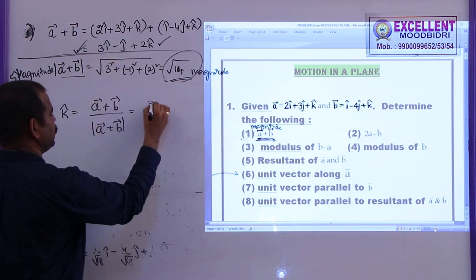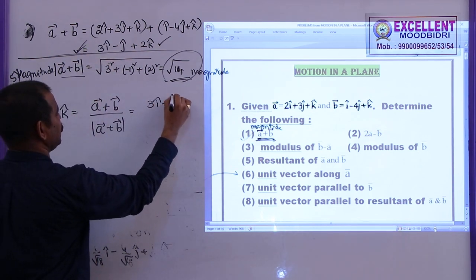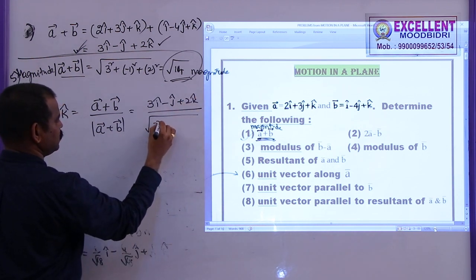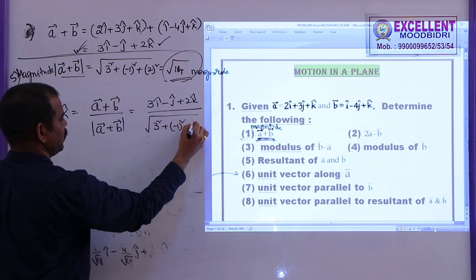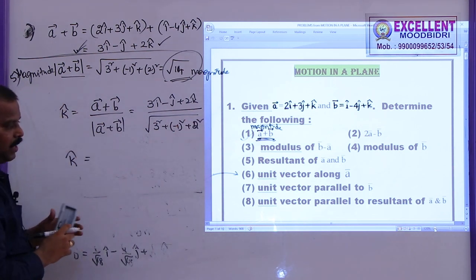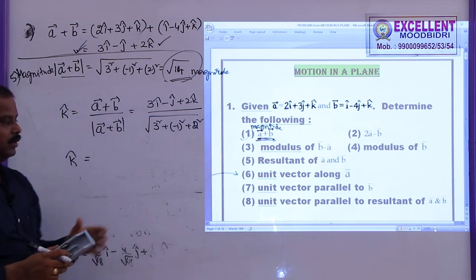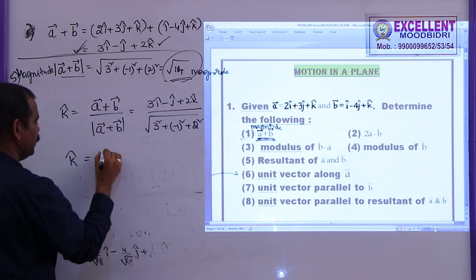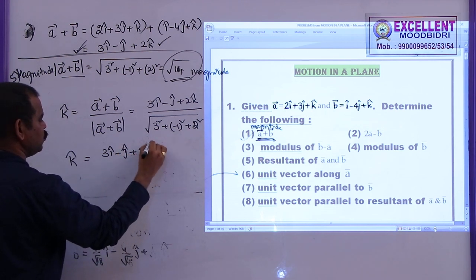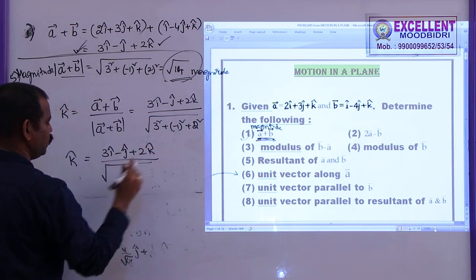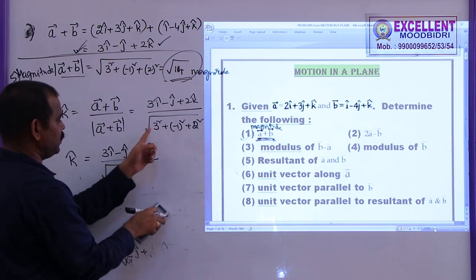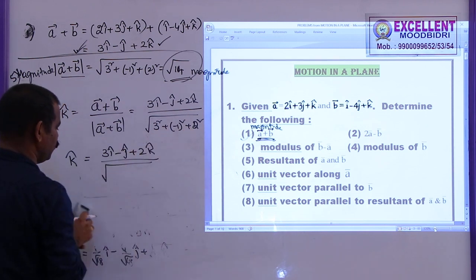So what is a bar plus b bar? That is 3i cap minus j cap plus 2k cap by root over 3 square plus minus 1 square plus 2 square. So the vector which is parallel to a bar plus b bar, in the direction of that one, is given by 3i cap minus j cap plus 2k cap by root of 9 plus 1, 10, plus 4, 14.